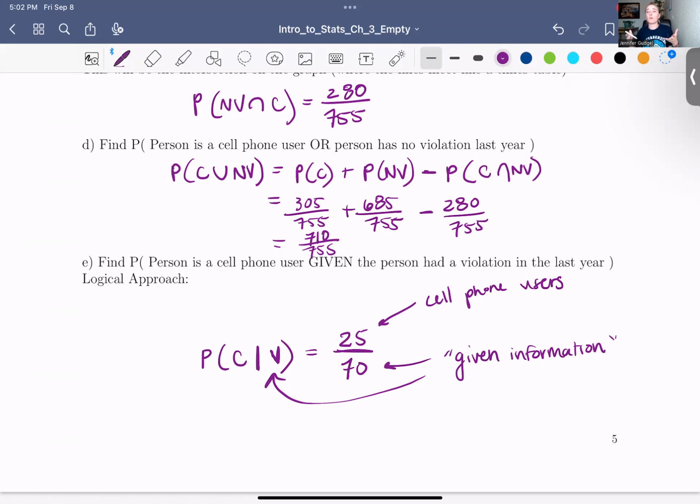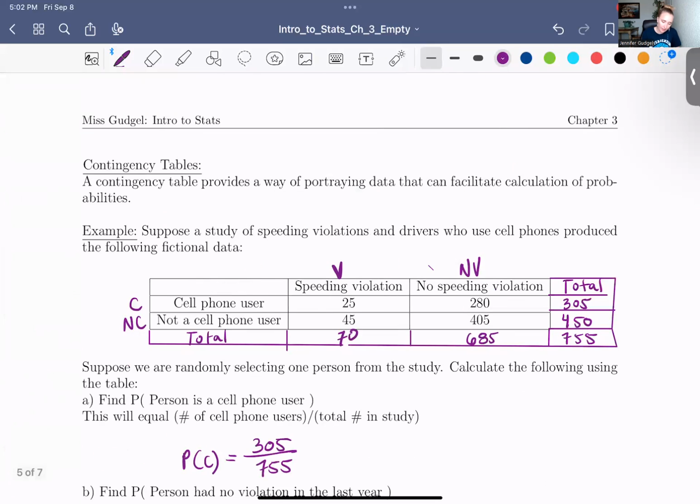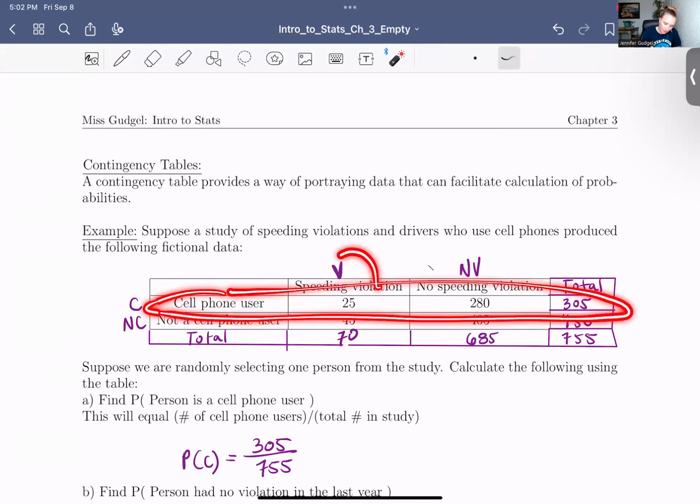But let's say you're more of a formula person, okay? We know the formula for this, the probability of a cell phone user given that they have a violation is equal to the probability of a cell phone user and a violation divided by the probability of having a violation, right? That's the formula or the mathematical approach. Well, let's pull the and statement, cell phone user and violation.